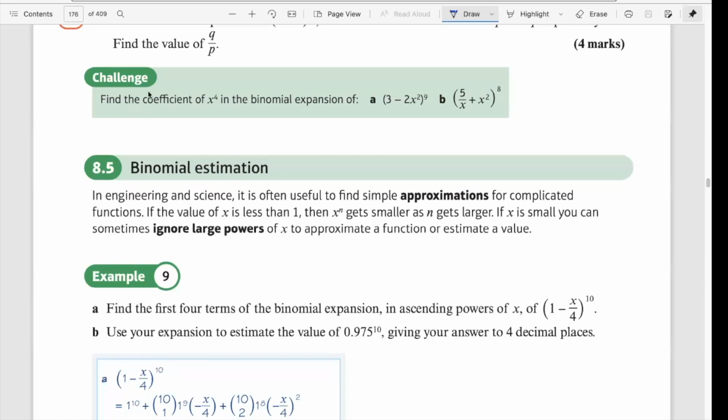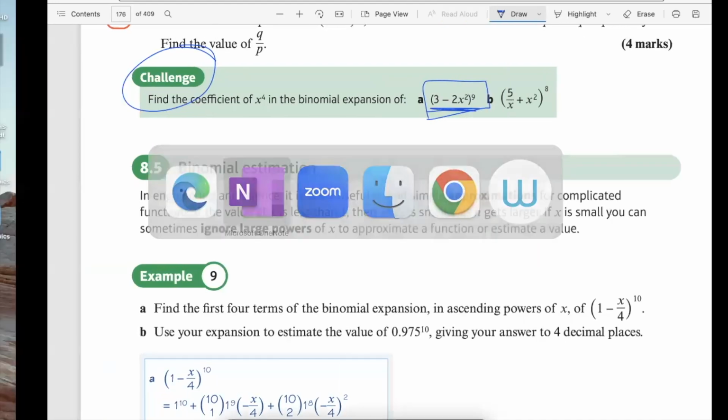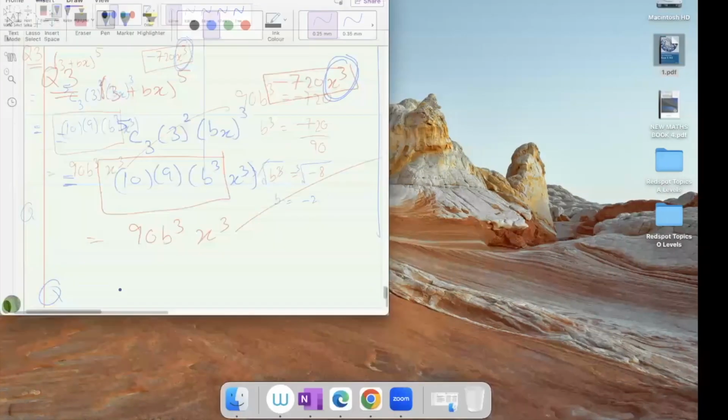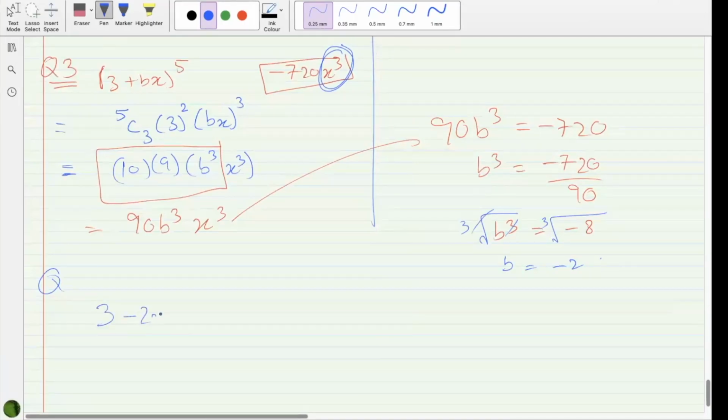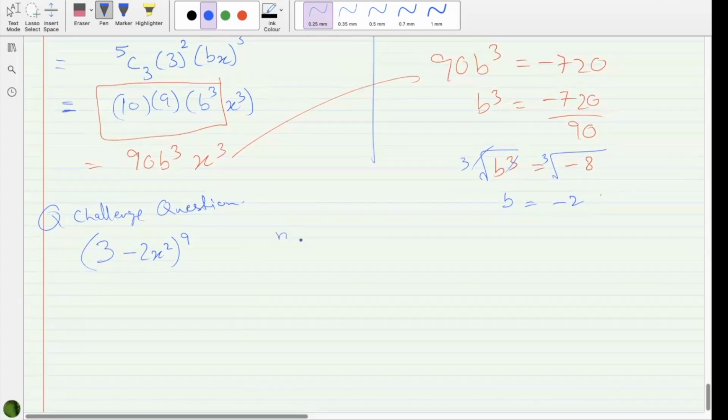Okay, let's try this challenge question. It says find the coefficient of x power 4 in the binomial expansion of 3 minus 2x square, whole raised to power 9. Now we have to find the coefficient of x power 4. We know the formula is nCr a raised to n minus r, b raised to r.